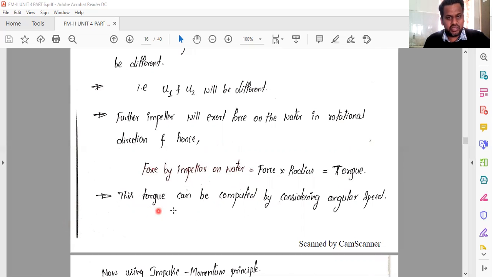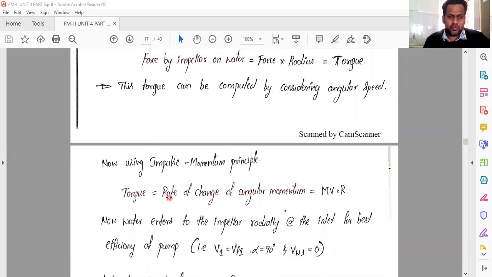Okay. So now this torque can be computed by considering angular speed. Our work now is to identify or calculate this particular torque. So once again, you are going to apply the impulse momentum principle.